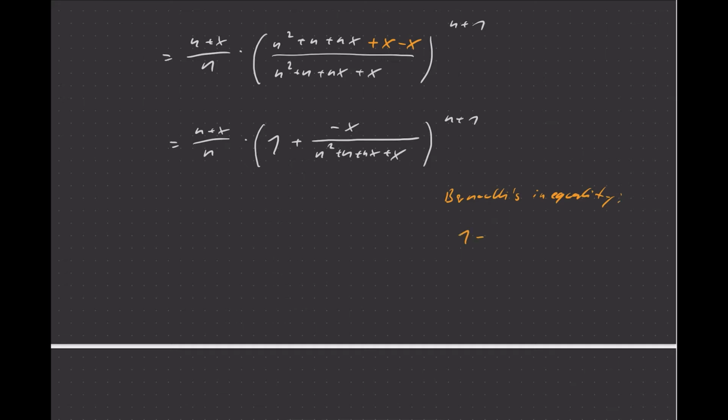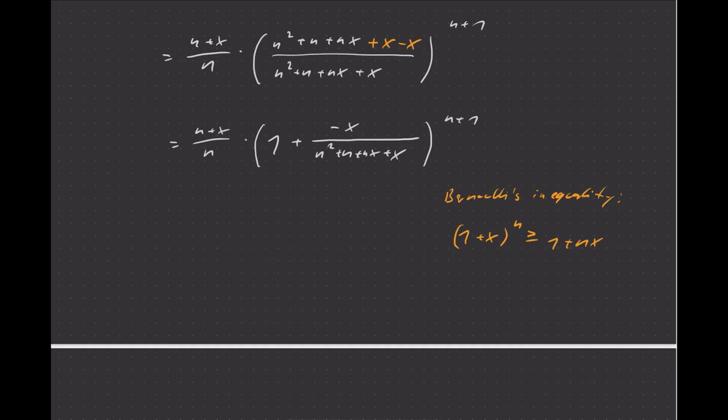Now remember, Bernoulli's inequality says (1 plus x) to the power of n is larger or equal than 1 plus nx. And we're going to apply that to this expression here. Of course, our n is now n plus 1. The x here is now exactly this expression, but otherwise we can apply Bernoulli's inequality.